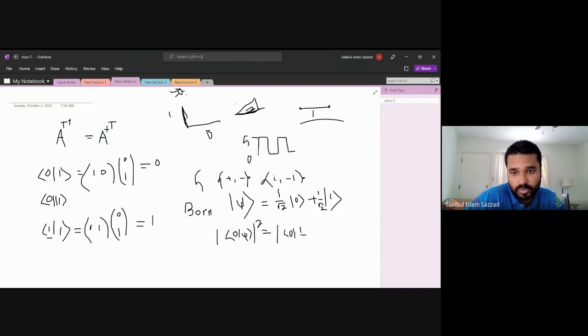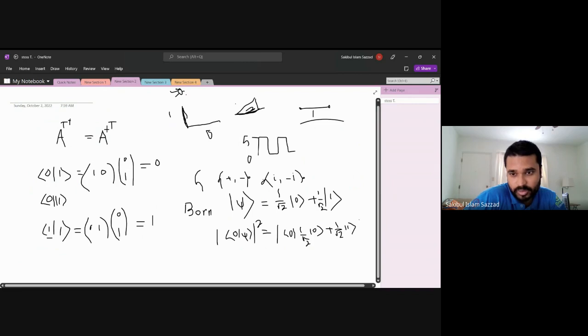It should be 1 over square root of 2, ket 0, plus 1 over square root of 2, ket 1. Then I'm writing down the absolute value, then the whole square.